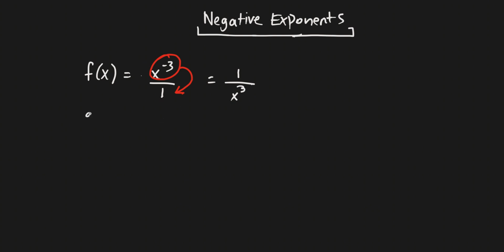Similarly, if we had g of x equal to 1 over x to the negative fifth power, instead of bringing it down, we'd take this and bring it up and make it positive. So this would just be equal to x to the fifth power, which is actually a much better looking function than this. We'd express it like this in any math class, really.